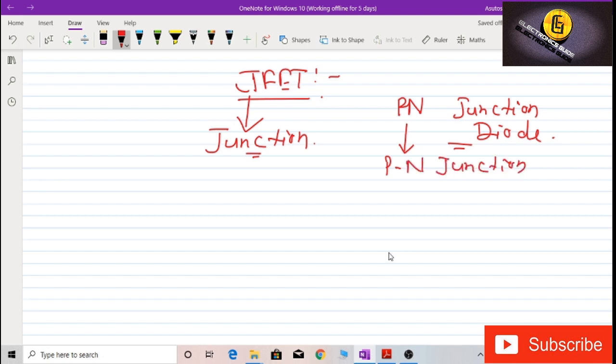Here the word junction in JFET indicates the PN junction.